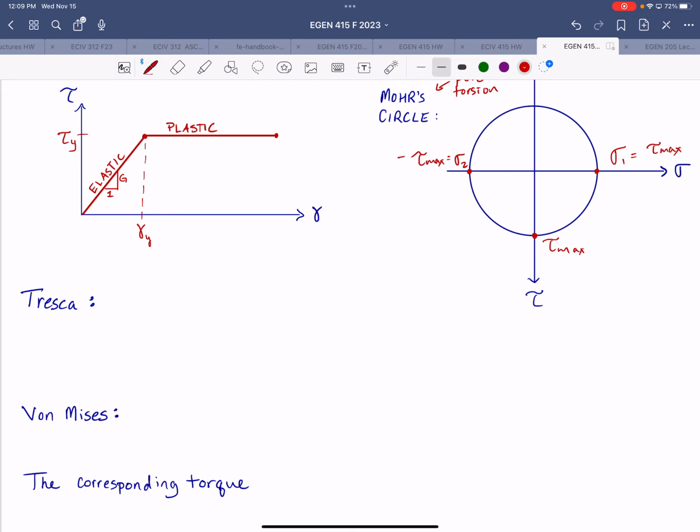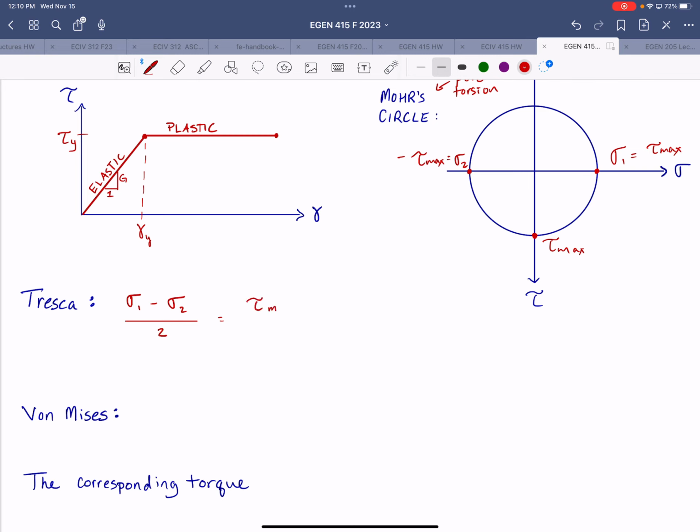For the Tresca criteria, we have the difference between the two extreme principal stresses divided by 2, and we set that equal to half of the limiting value that we choose. In the past, we chose that limiting value as the yield stress, the stress that will initiate yielding of the material. So we'll stick to that in this lecture as well.